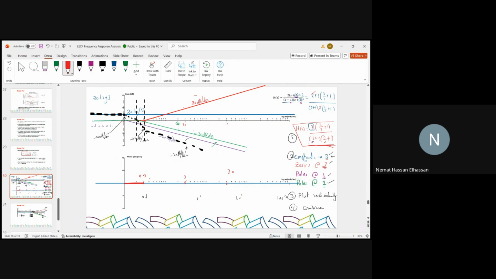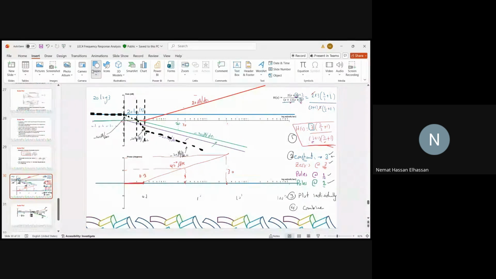Between 0.3 and 30, however, I will have a constant increase of 45 degrees per decade, which means that at 3, the phase shift will be exactly 45. At 30, the phase shift will be exactly 90. And then from this point onwards, the phase shift will be a constant straight line. Let me just plot it as a line.